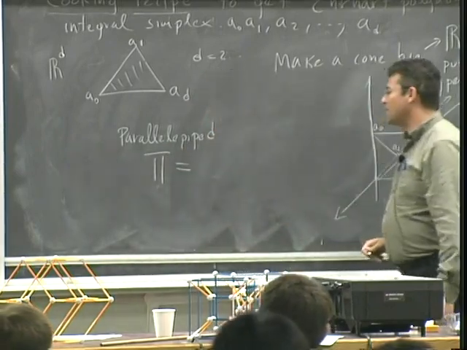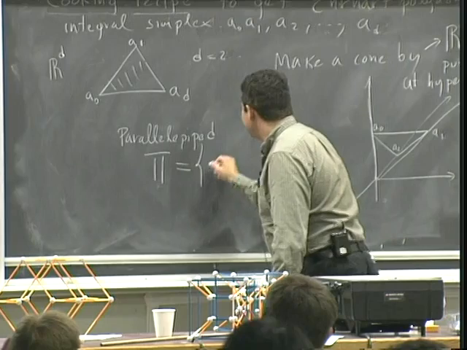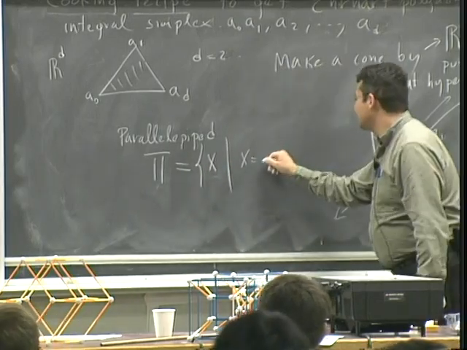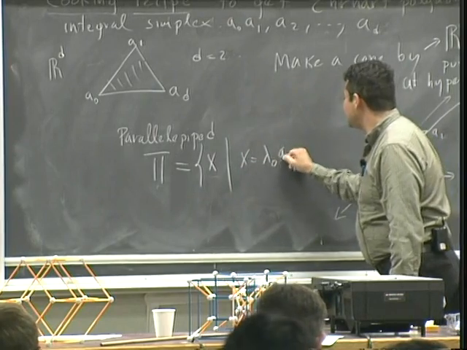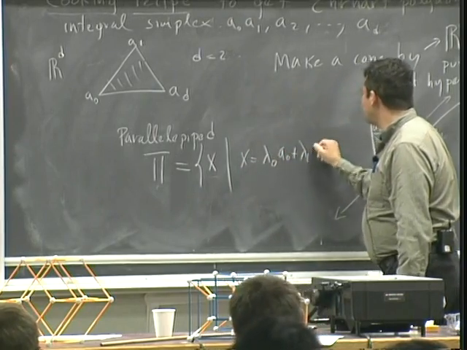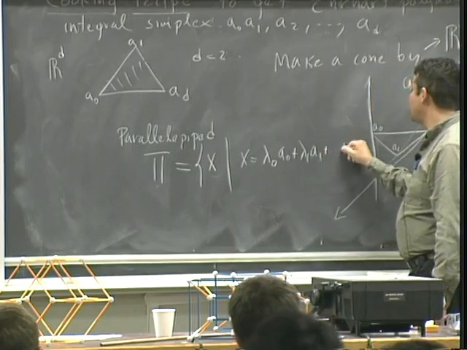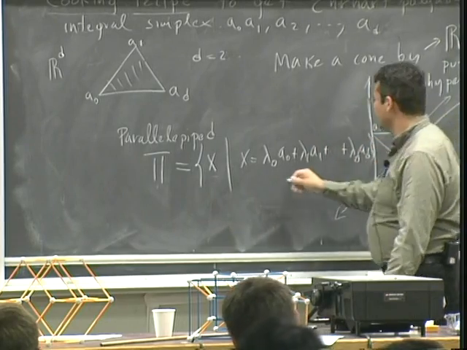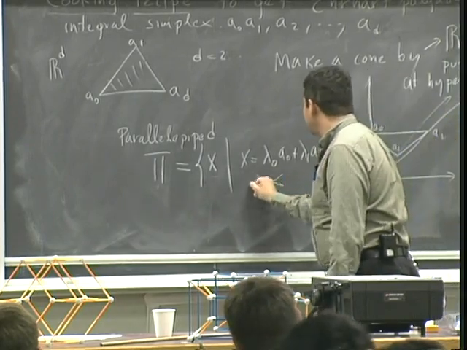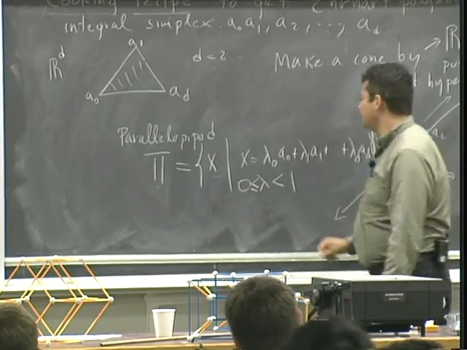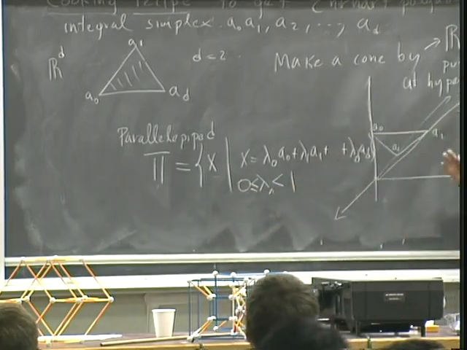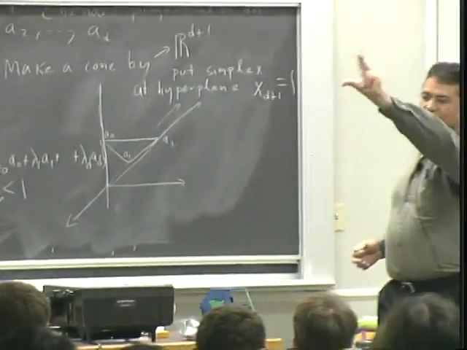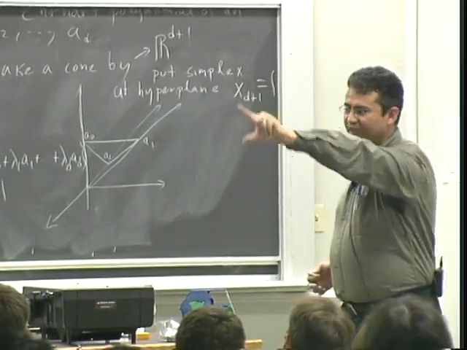So the name of a parallelepiped has to be Pi. It is the set of all x such that x can be written as lambda_0 a0 plus lambda_1 a1 plus up to lambda_d ad, where each lambda_i is between 0 and less than 1. So this is the open parallelepiped that you can construct with these vectors.